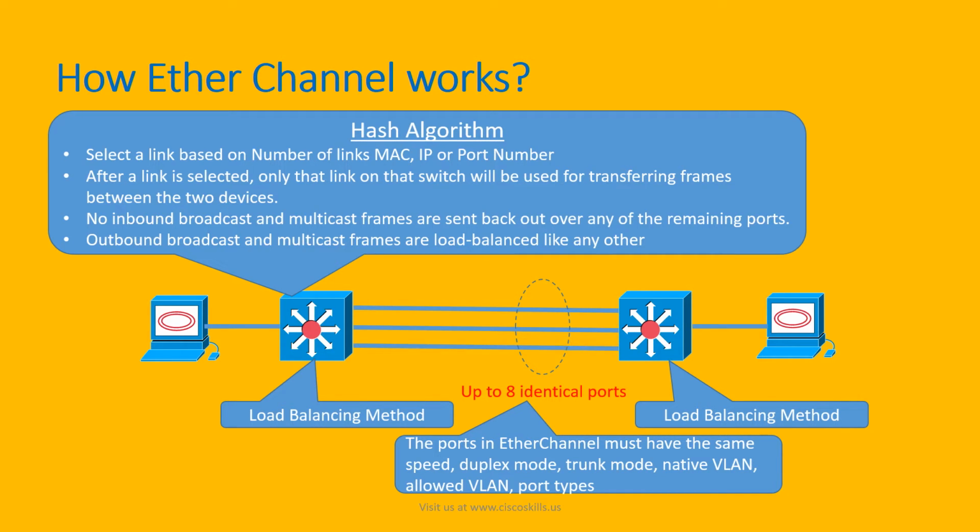So for the same computer and the same application, only one link will be selected to forward the packets between the two computers. That's what this really means, because all the parameters are fixed or have no change.